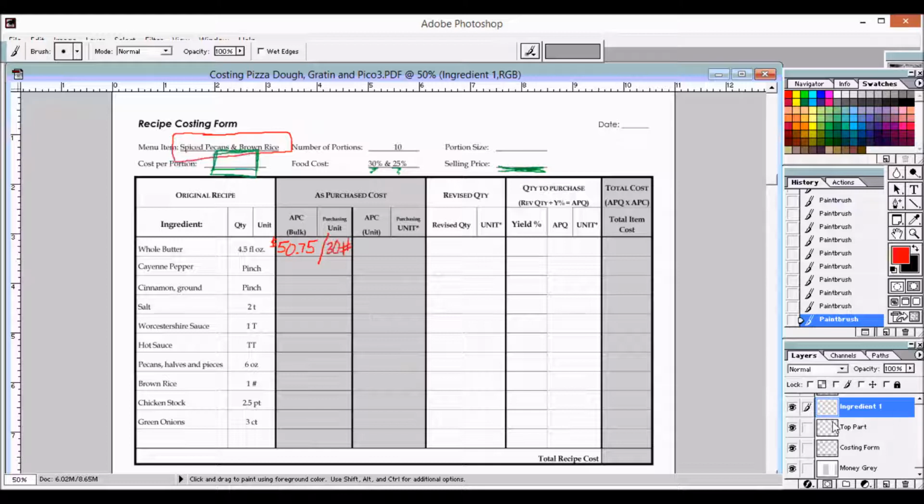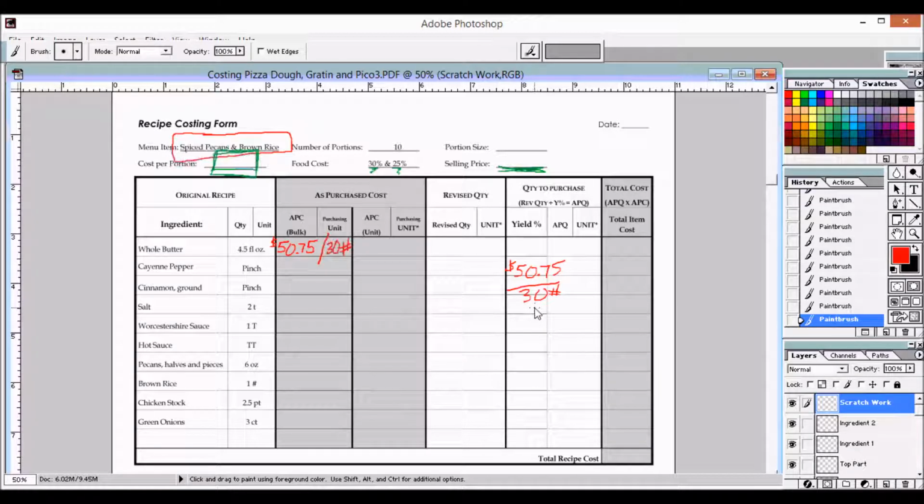In this situation, since my butter is for 4.5 fluid ounces, I'm going to get this down to a price per ounce. So I'm going to write over here to the side, and we'll erase it when we're done, the 50.75, and I'm going to divide it by the 30 pounds.